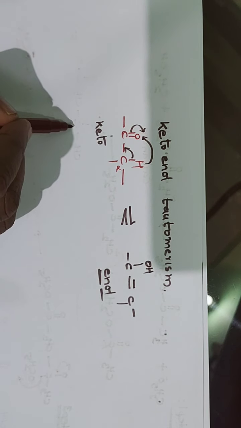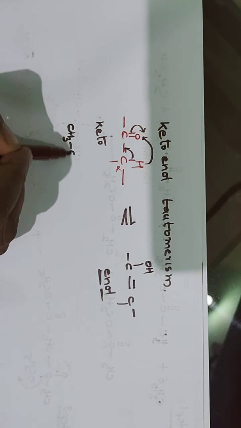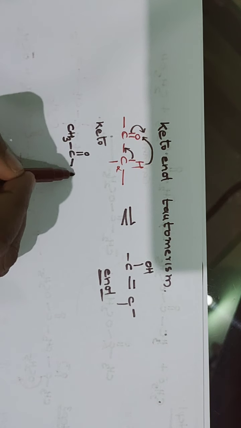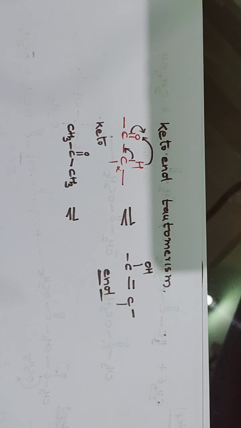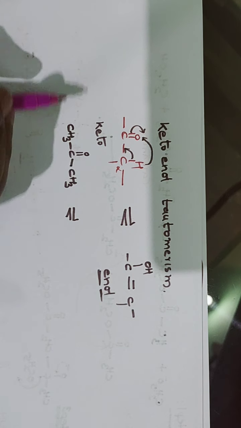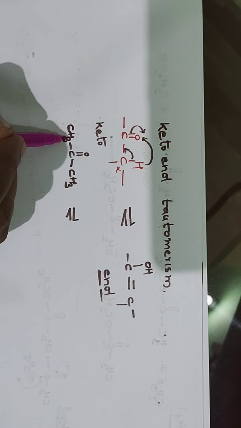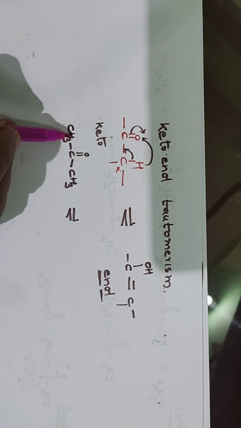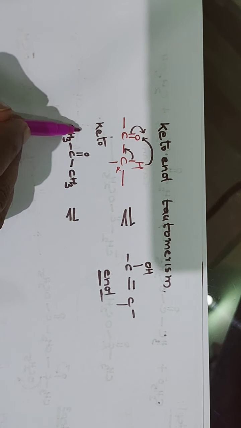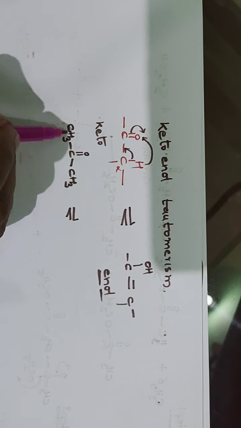A simple example is acetone: CH3, C double bond O, CH3. This is the carbonyl carbon, and the next carbon is the alpha carbon. So the hydrogen goes off, and the electrons shift here.